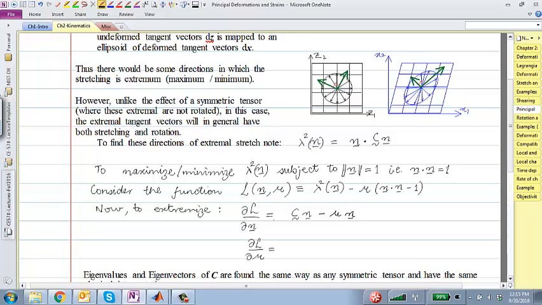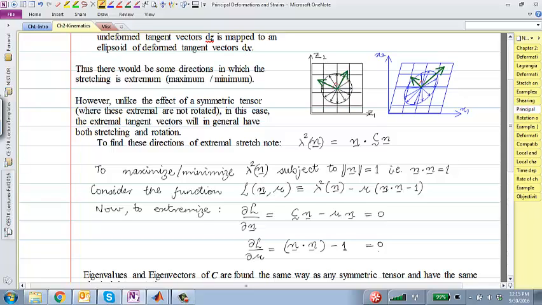The derivative of 1 is of course 0. So that gives me Cn minus mu n should be equal to 0. Similarly, the derivative of the Lagrangian with respect to the second variable, mu, does not depend upon mu in the first term, so we just get the constraint back, which is n dot n. I'll write it in the same form, minus 1 equal to 0.